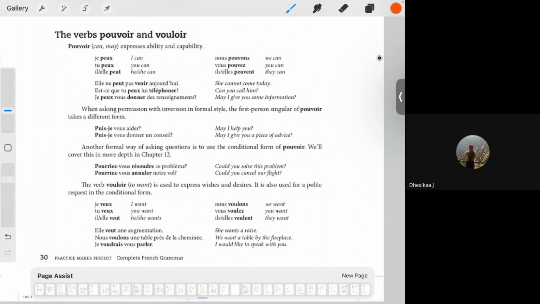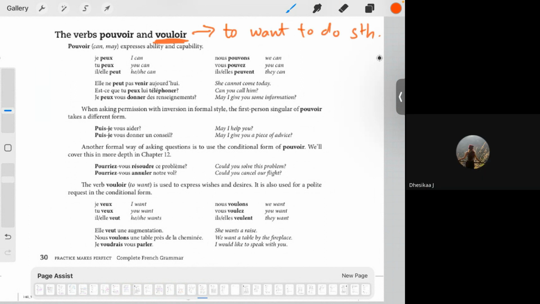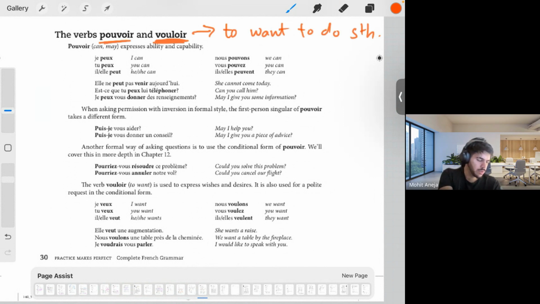Like I need you to, I want you to, right? So, vouloir is actually that verb to want to do something. And pouvoir is to be able to do something.